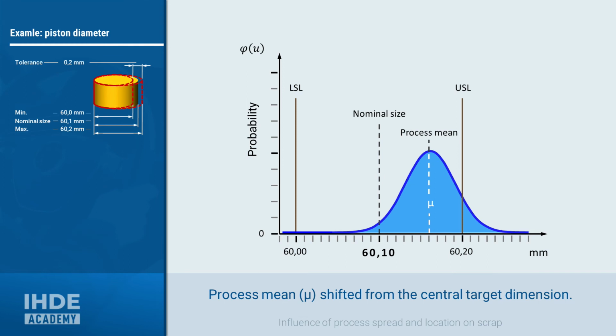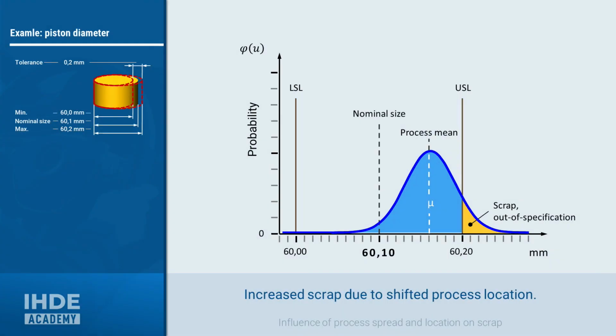The process mean μ deviates 0.06 mm from the target size. As can be seen here in yellow, this offset in the process location results in a significant proportion of rejects to be expected. Since, as already mentioned, in practice, the process location is never actually congruent with the target value.